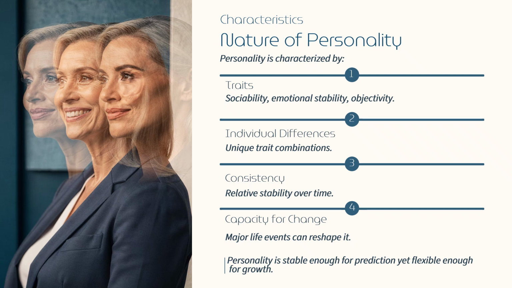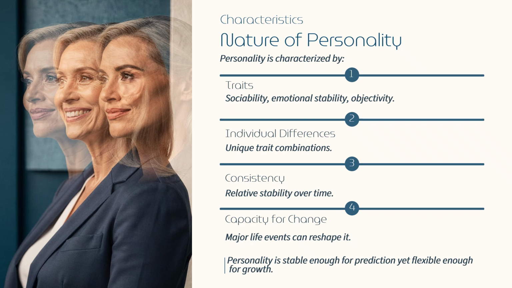Third, personality is consistent and enduring. Generally, people do not change who they are from one day to the next. This stability is why we can rely on a person's behavior over time. However, this is our fourth point: personality can change.